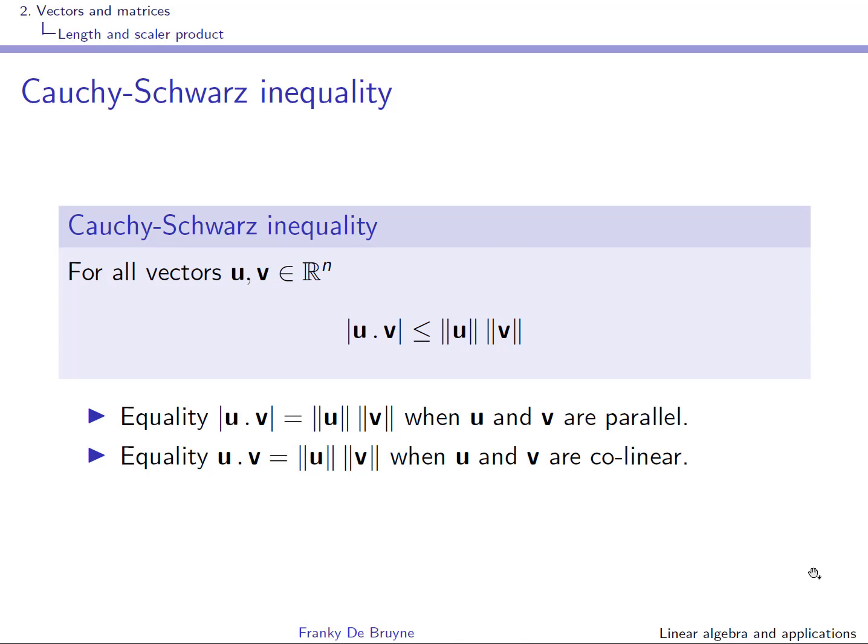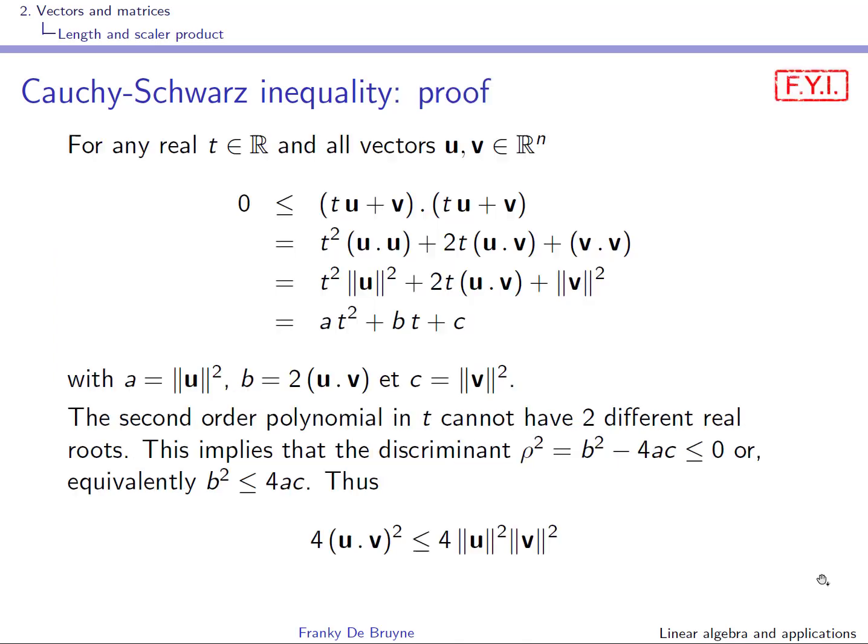Okay, if these vectors u and v are parallel, you have equality in the equation that you see. And if the vectors are collinear, they are parallel but they point in the same direction, then you can have equality without the absolute value in the equation.